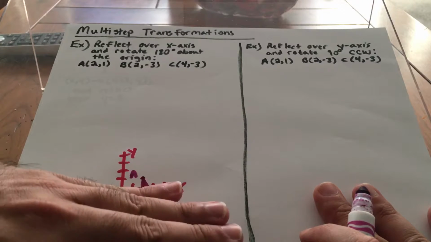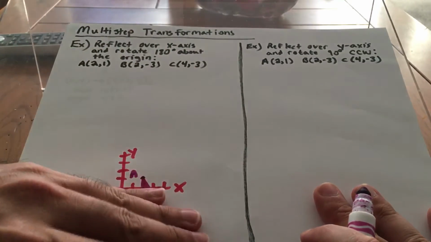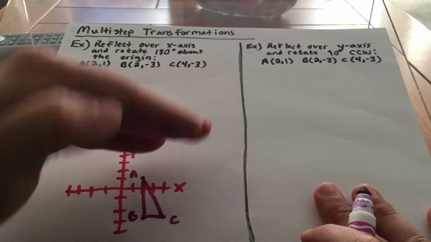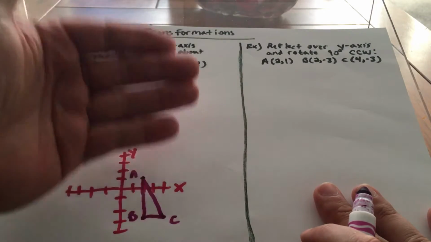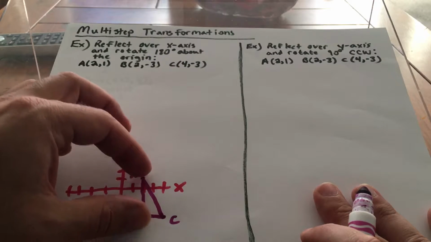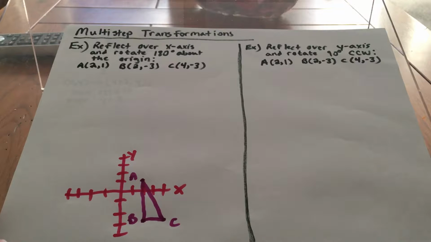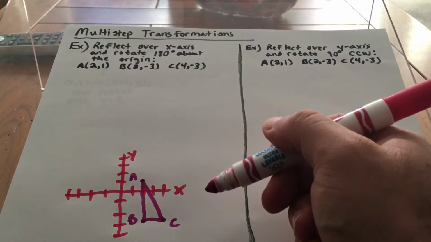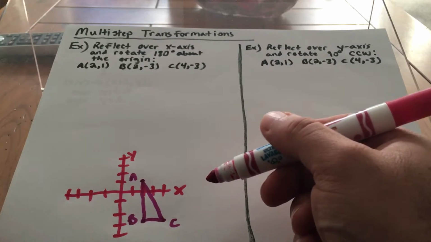If you recall, when we flip over the x-axis, the only coordinate that is changing is the y-coordinate. The x positions are going to stay the same, but the y coordinates are going to be exactly the opposite.